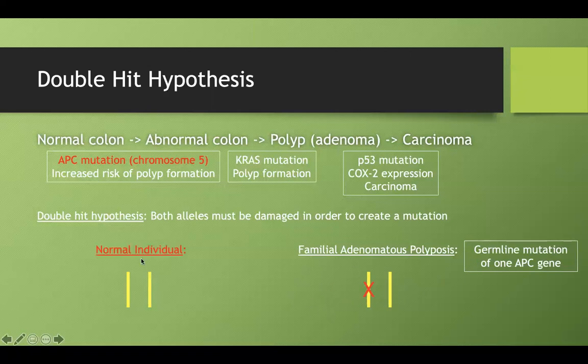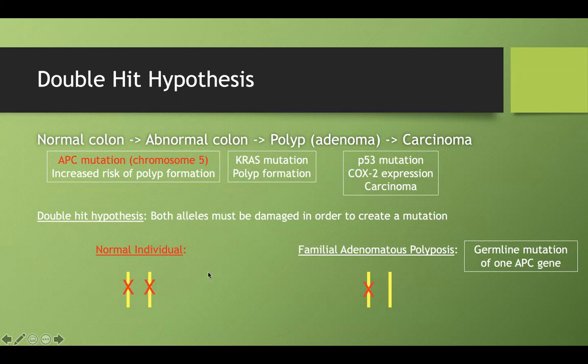In normal individuals, in order to get this mutation to occur, you need to have a random mutation in this, which is, let's just say, a 1 in a million chance. And then you also have to have another mutation in that same allele in that same region. So it's like a 1 in a million chance squared almost.